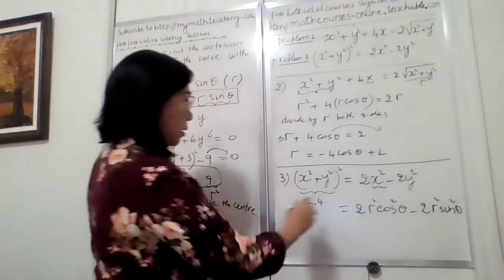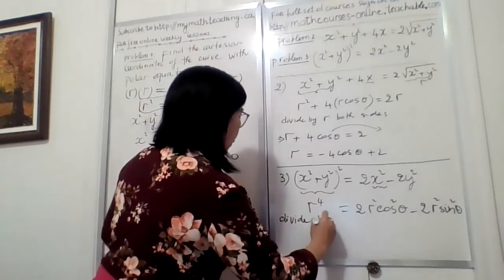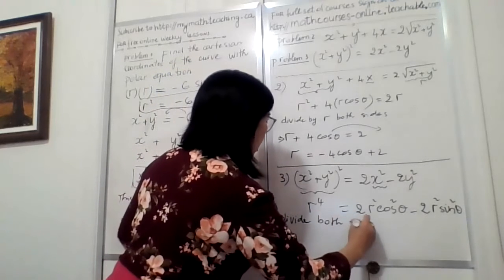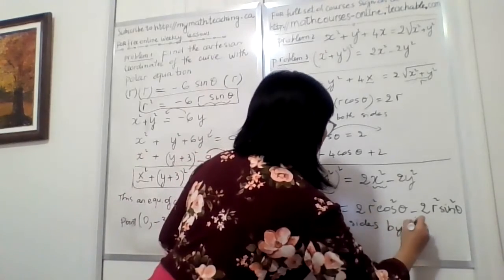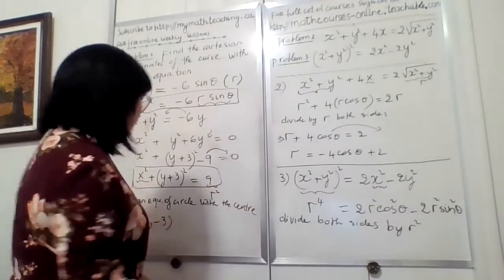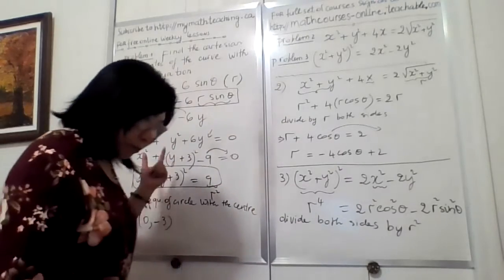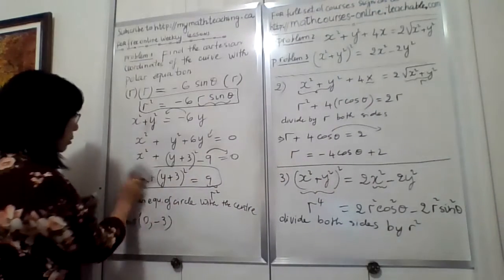So at this point, I will divide both sides by r squared. So if I do that, I have to erase some of the board here.